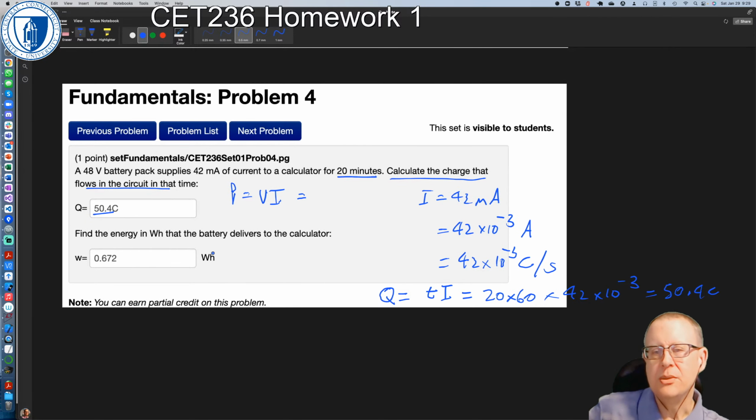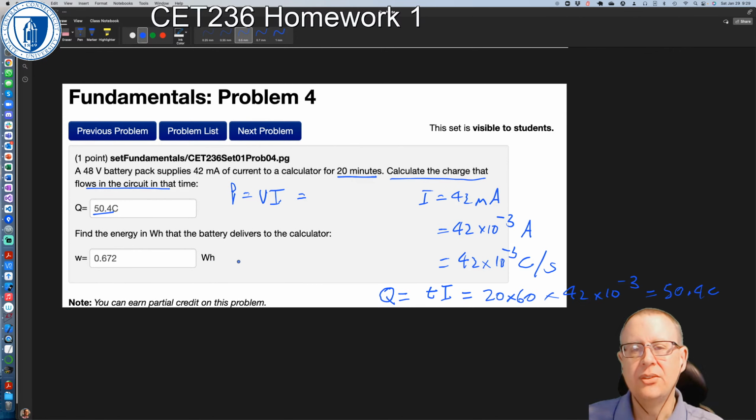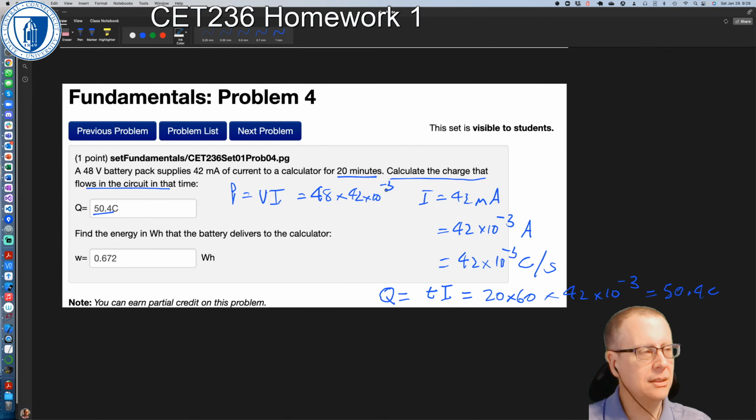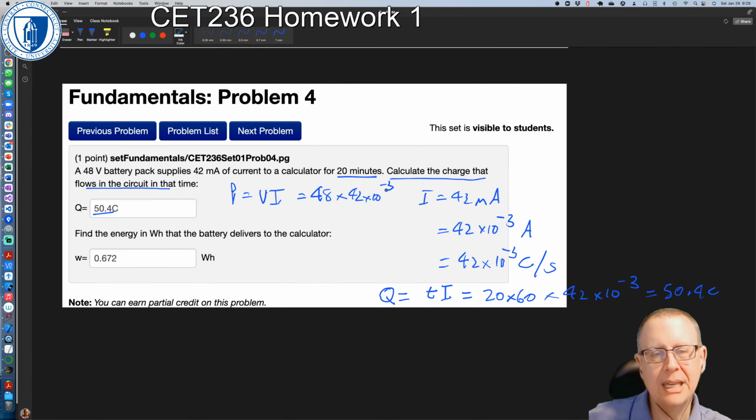And now we need to do the energy. So our power is 48 by 42 by 10 to the minus 3, right? To get watts, we need volts and amps, not milliamps.